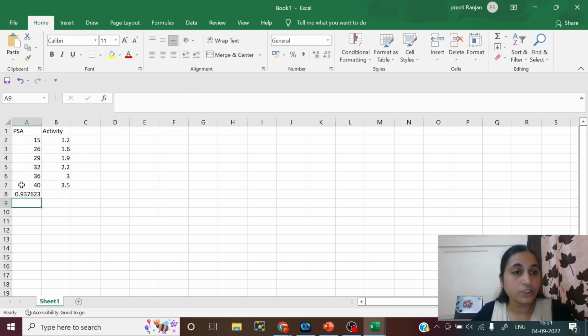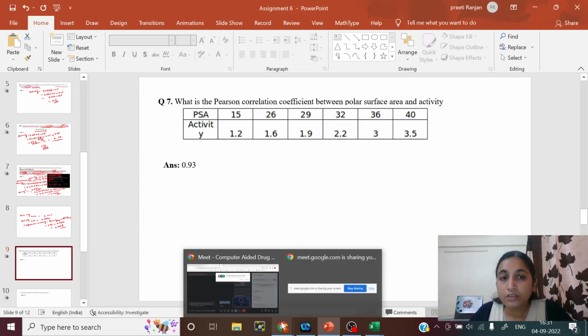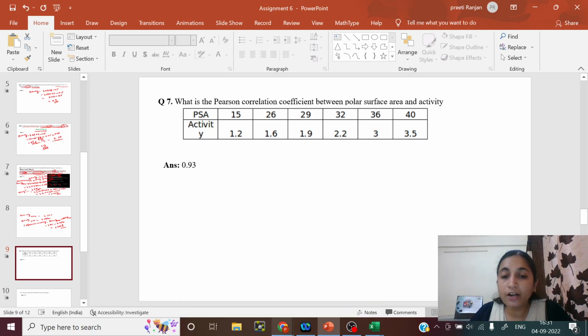Then we will put the enter. So this value came, the Pearson correlation coefficient, 0.93. You people understand how it came?